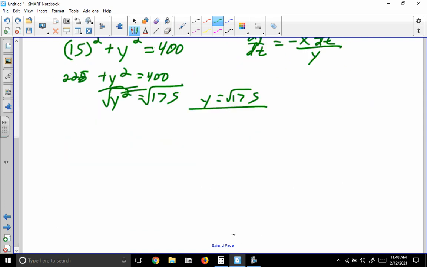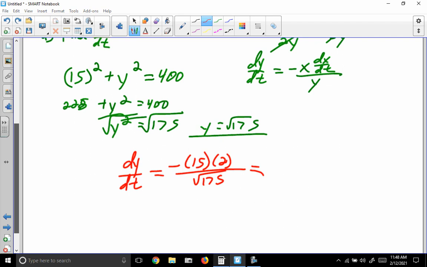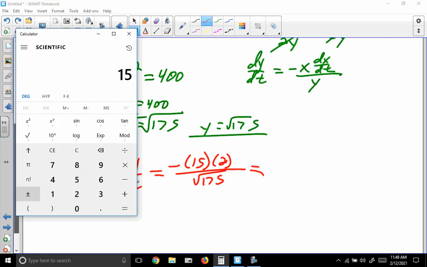So now that we have all of our components of our equation, we can use that to find dy dt. So dy dt is minus x, x is 15, dx dt is 2, y is the square root of 175, and then we can calculate that. So 15 times 2 over the square root of 175, and then make that negative. I think I typed that wrong. Let's try that again. 15 times 2 over the square root of 175.